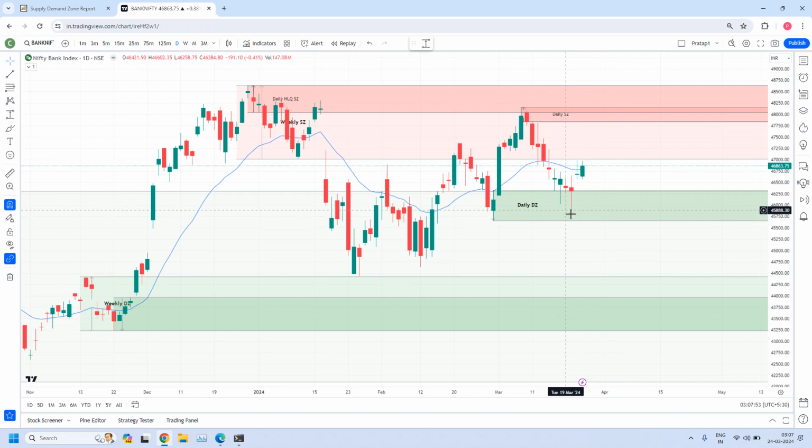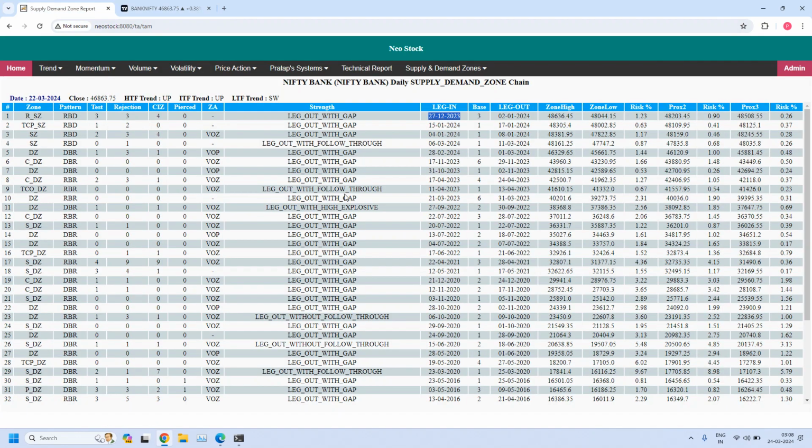But remember, if this daily demand zone is violated, the trend will change. Currently, which trend is Nifty having? We are at the Nifty time frame. Daily trend is sideways, but weekly trend is uptrend. So the daily trend will change to downtrend.